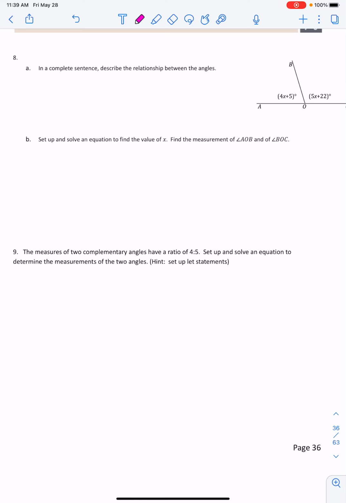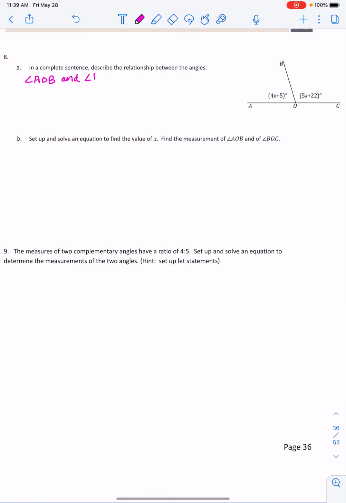So here, by writing this out, we've got angle AOB and angle BOC form angles on a line and add up to 180 degrees.